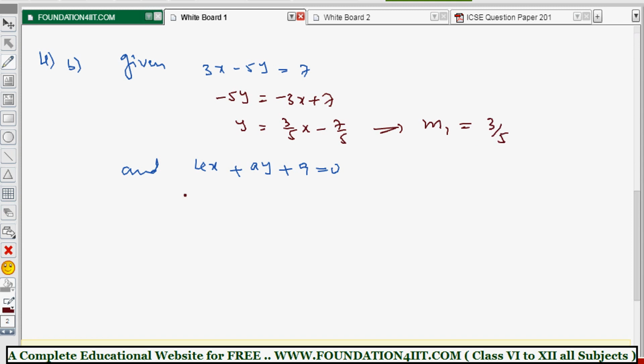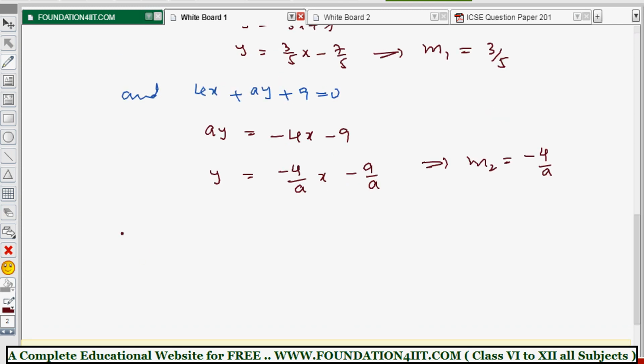Now the other: ay is equal to minus 4x minus 9. Then y is equal to minus 4 by a x minus 9 by a. Right? So here m2, the slope, is minus 4 by a.